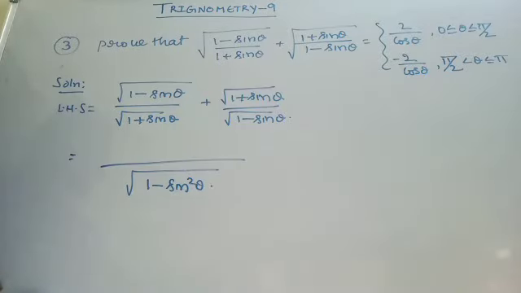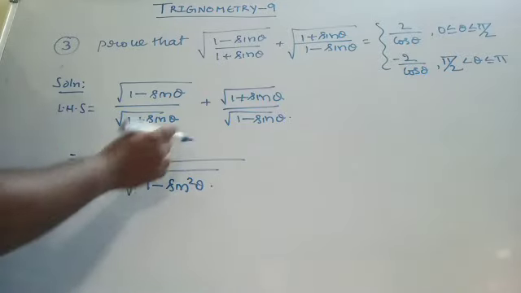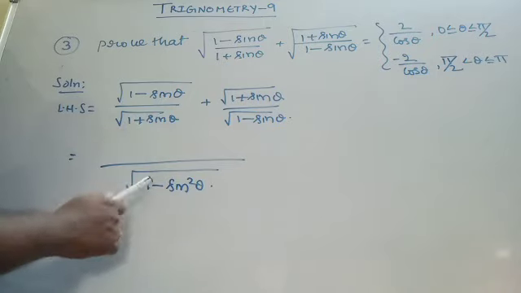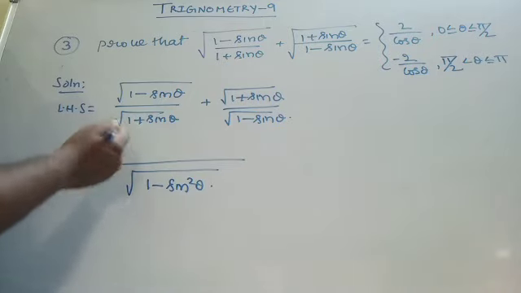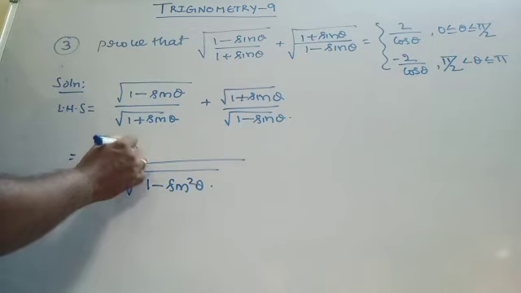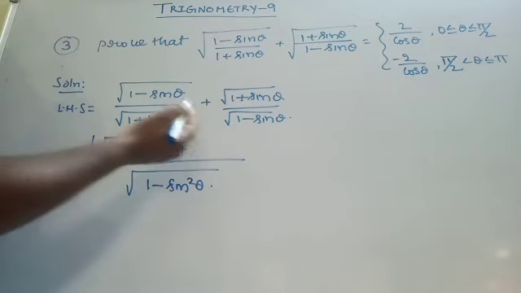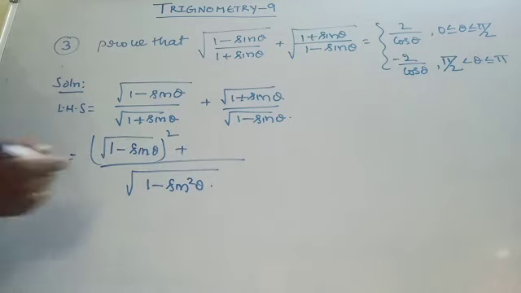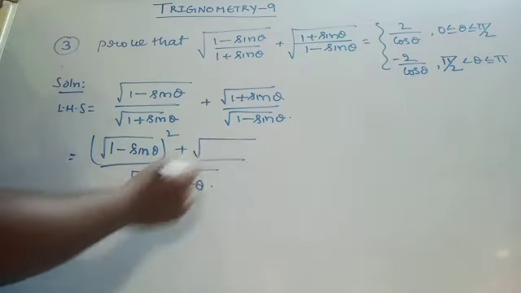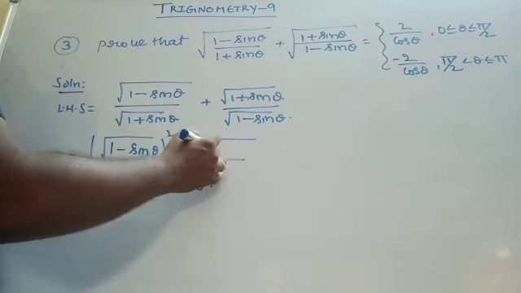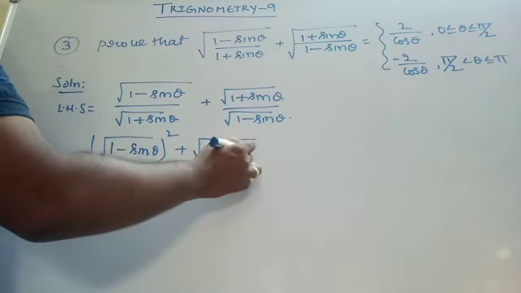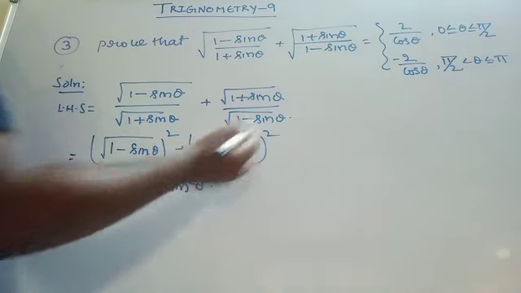Once we get this as the LCM, what are we going to get here? Root over 1 plus sin theta is there, so root over 1 minus sin theta has to be multiplied. That means we will have root over 1 minus sin theta whole square, plus in the same way root over 1 plus sin theta whole square.